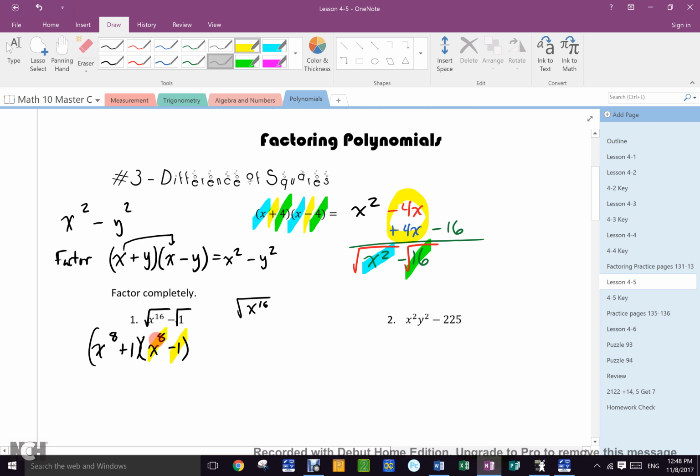What is it? X to the fourth, correct? So x to the 8 plus 1, we're stuck. But this is x to the fourth plus, what's the square root of 1? 1. And then what do I write? Minus 1.